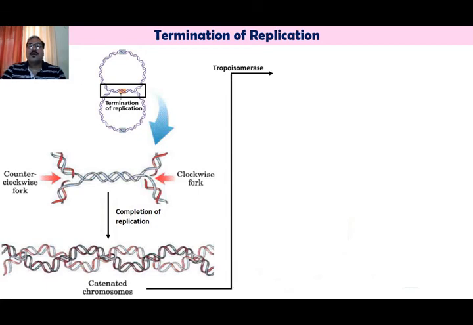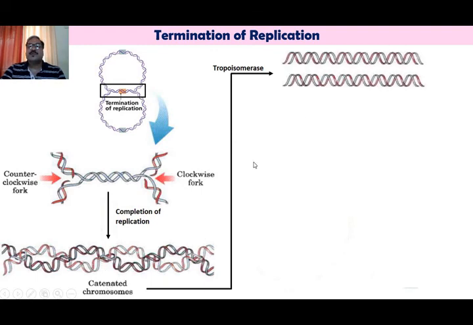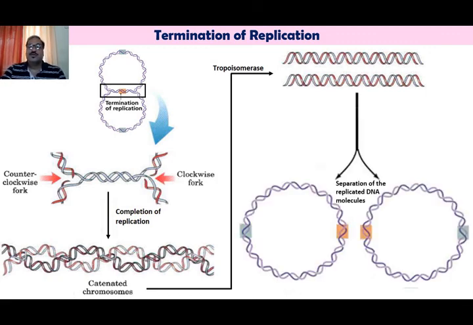In E. coli, a type 2 topoisomerase known as DNA topoisomerase 4 plays the primary role in the separation of the catenated chromosomes. It breaks both the strands of one chromosome and allows the other chromosome to pass through the break, and thus helps in separation of these catenated chromosomes, and thus the two daughter chromosomes separate from each other, and thus the termination process ends.